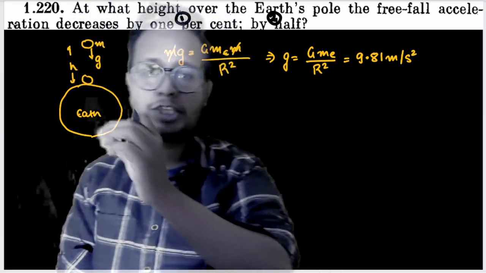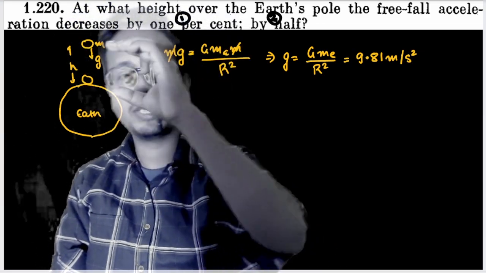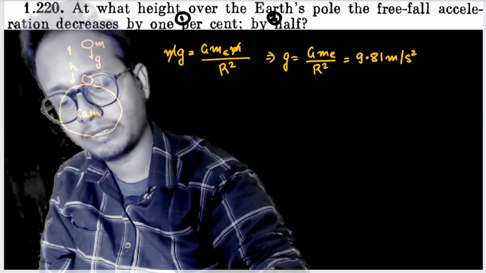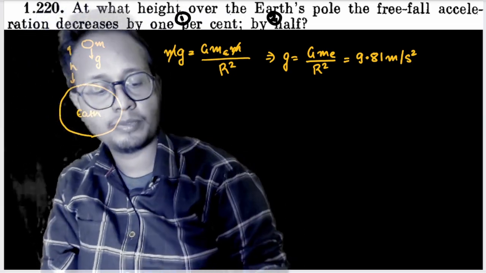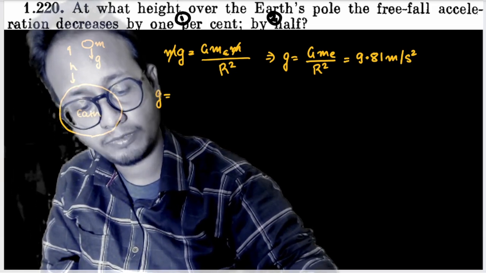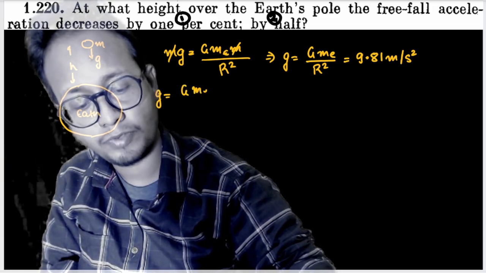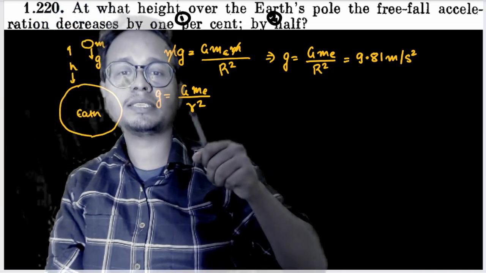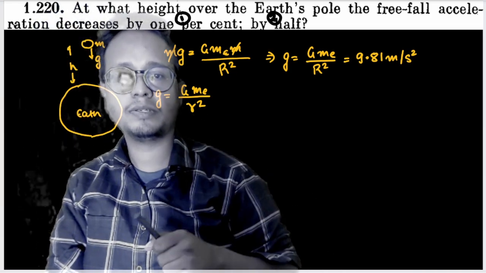But in the chapter of gravitation, we learned that as we go upward, or further from the mass, the gravitational force decreases and decreases. So that assumption is invalid here. So what is the formula of g? It is G times mass of Earth divided by the distance from the center of Earth squared.